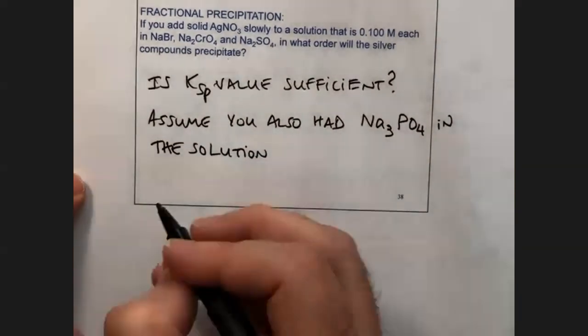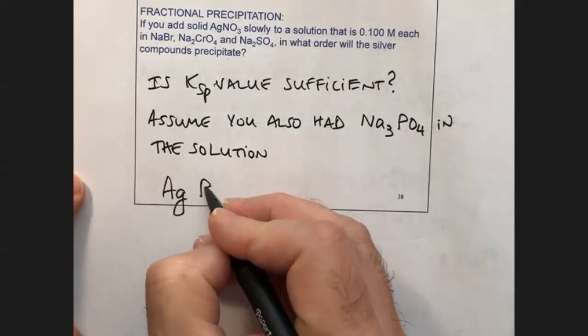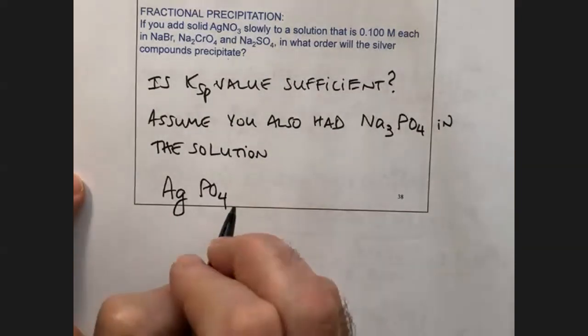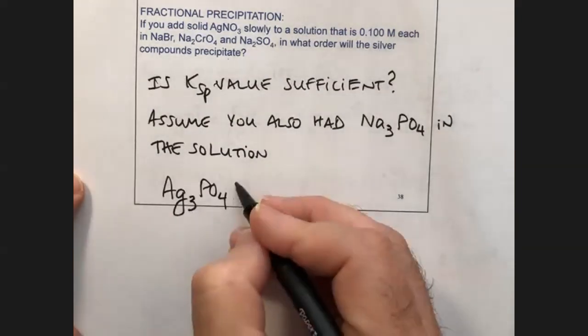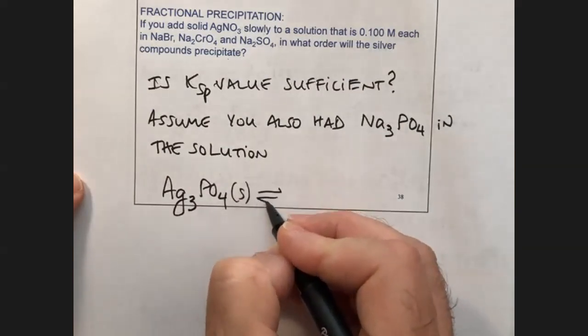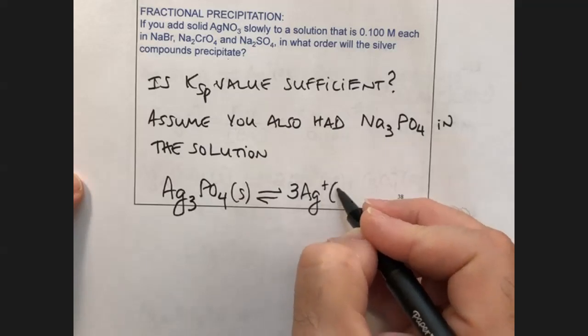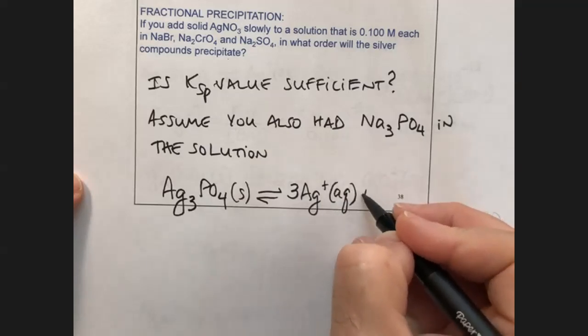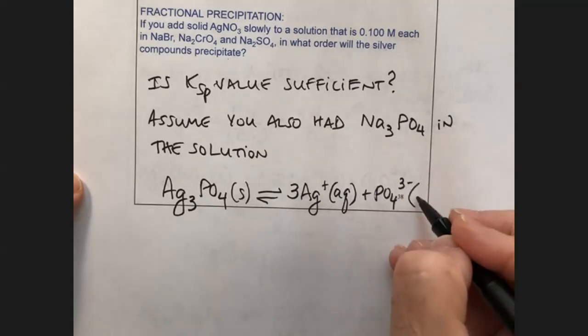In other words, I'm going to be producing silver phosphate, but silver phosphate is Ag3PO4, right? Which gives me 3 units of silver ions for every unit of the trivalent phosphate ion.